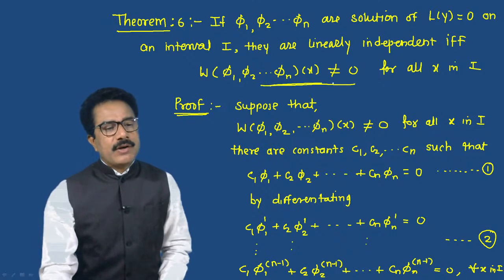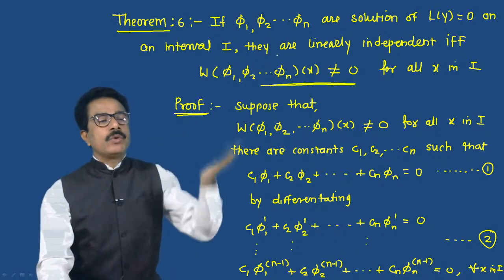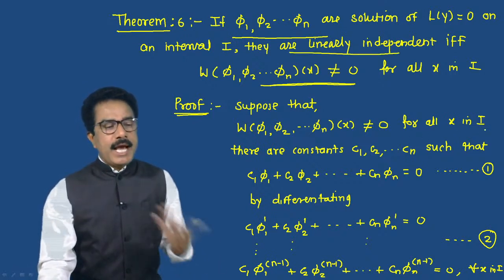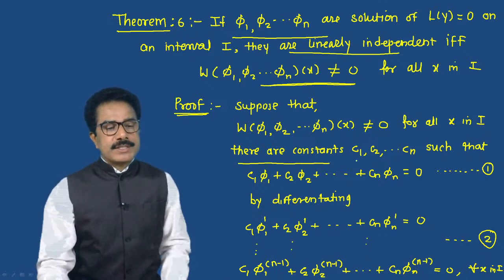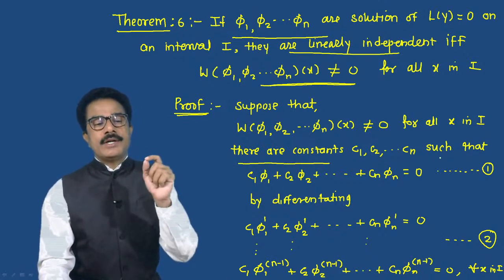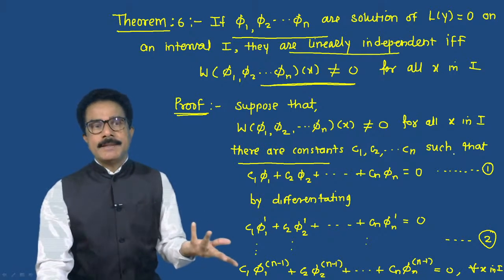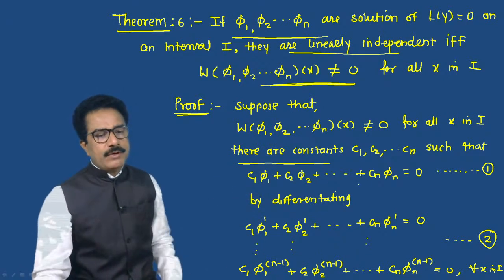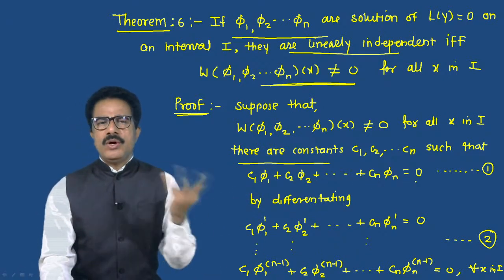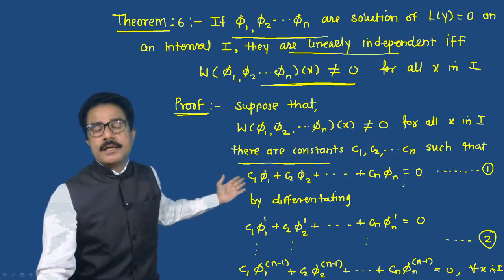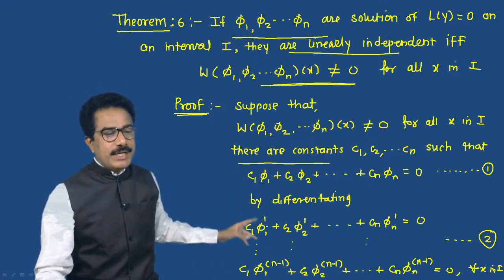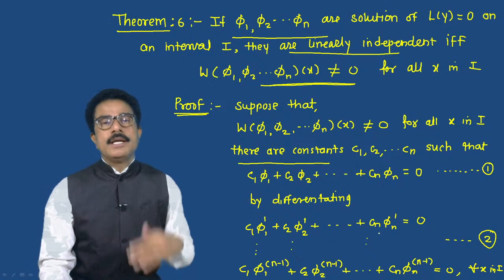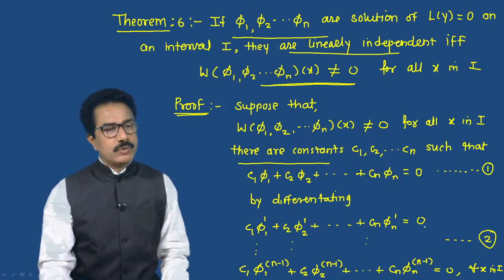That means we have considered Wronskian is not equals to 0, then we have to prove phi 1, phi 2, phi 3 are linearly independent for all x in I. There are constants C1, C2, C3 ... Cn such that C1 phi 1 plus C2 phi 2 plus C3 phi 3 ... Cn phi n is equals to 0. We have seen this condition many times, but by differentiating, C1 phi 1 dash plus C2 phi 2 dash plus C3 phi 3 dash ... Cn phi n dash is equals to 0.